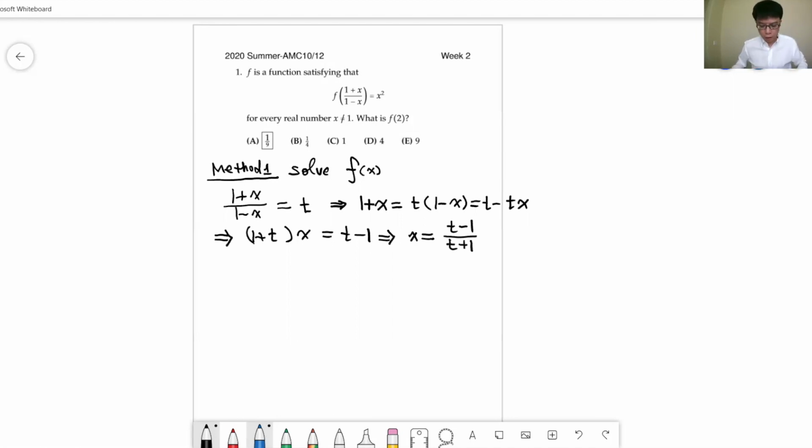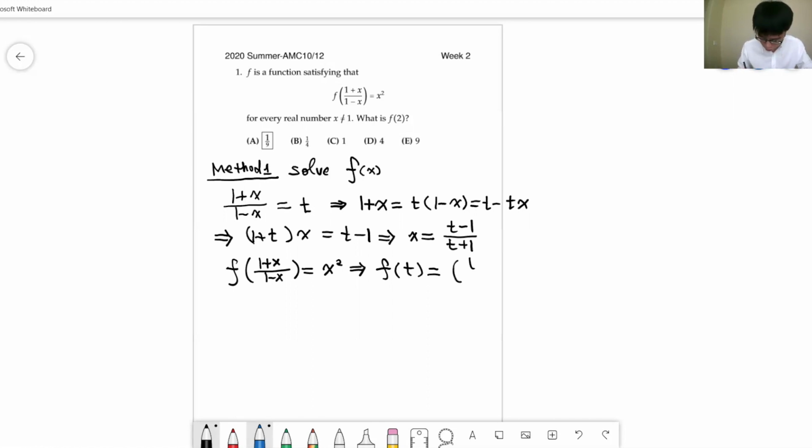Now let's rewrite this expression. f of (1 plus x) over (1 minus x) equals x squared. This can be written as f of t, because this is t, equals x squared. Now x can be expressed by t.